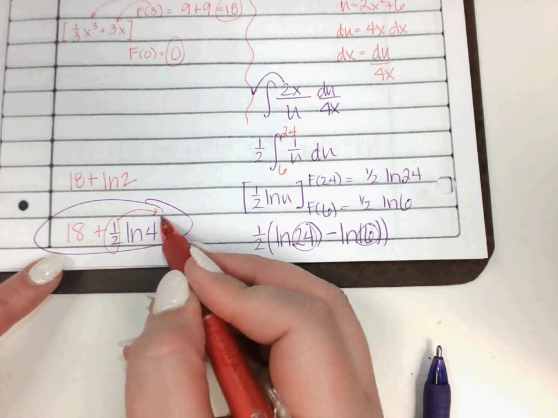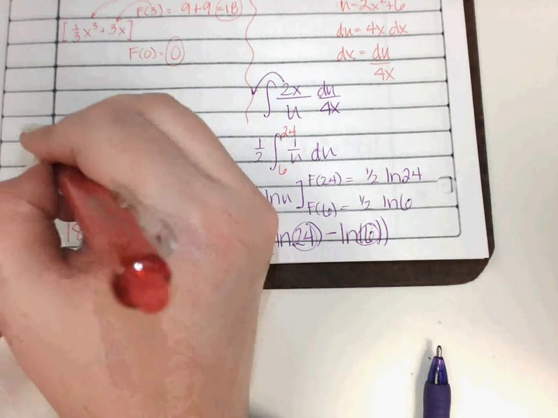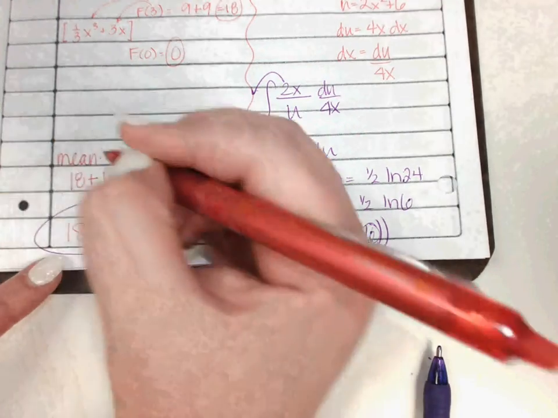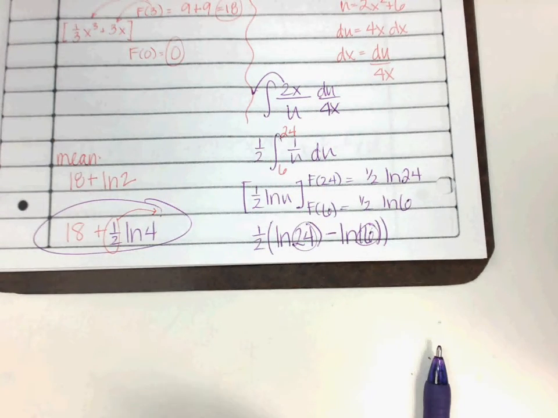And then what's the square root of 4? 2. So this would be the mean version of that. Did they do that? No. But if they did, I would want you to remember that's a thing, that you can move that exponent up to the front or from the front back up. But this is good enough.